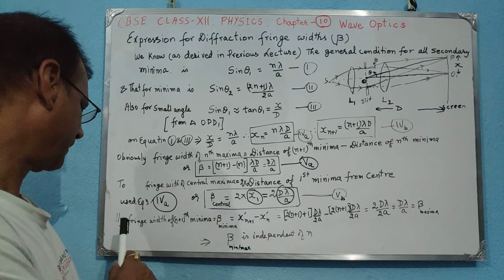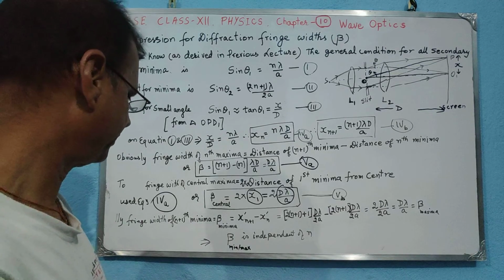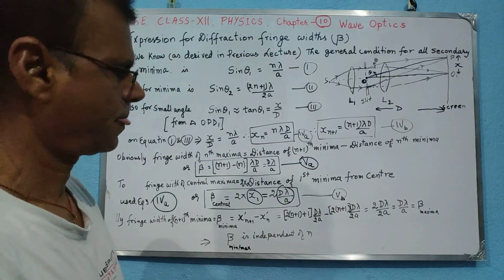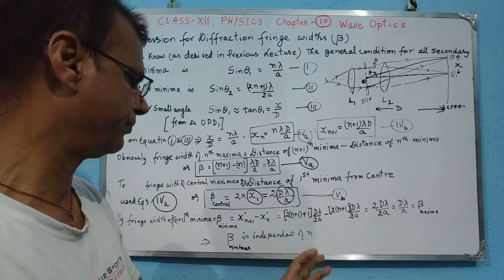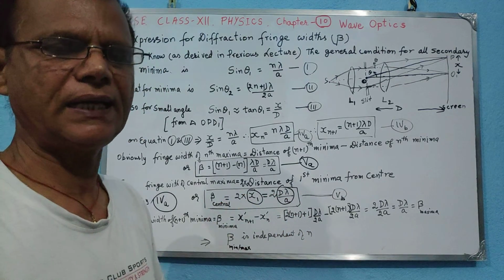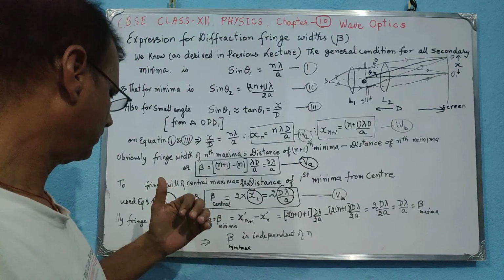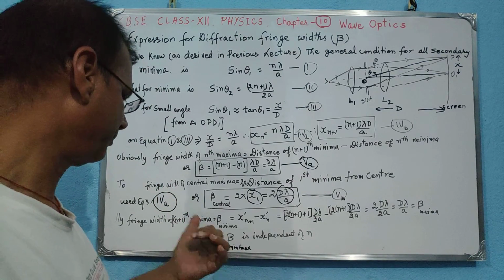Now in the same pattern we can find the fringe width of the minima. I leave this as an exercise for you. We again do the same work. We have to find the thickness of the minima.